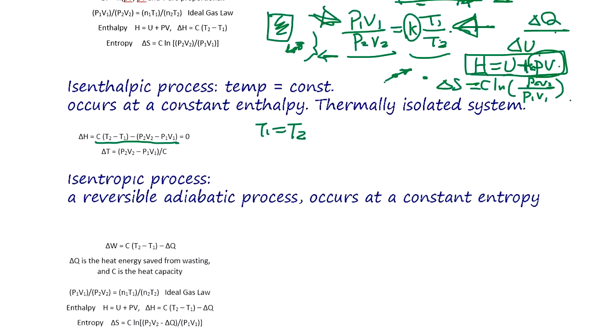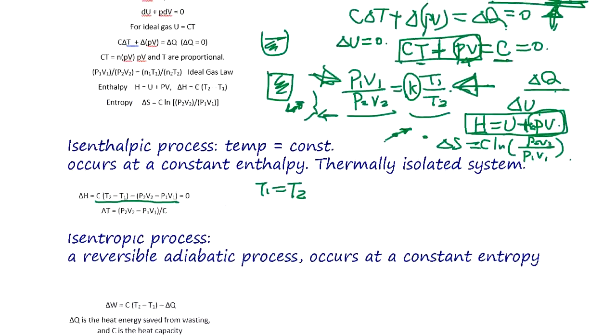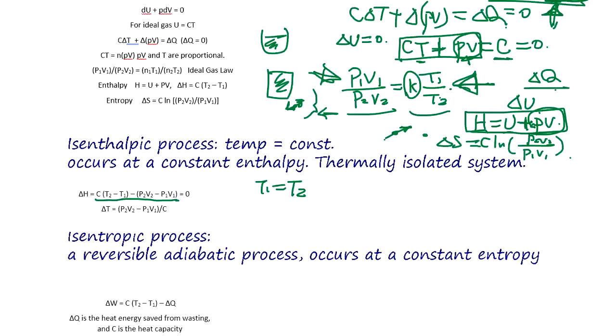You go back to the equation here. The increment becomes 0. Increment 0 means enthalpy is constant. H is constant.